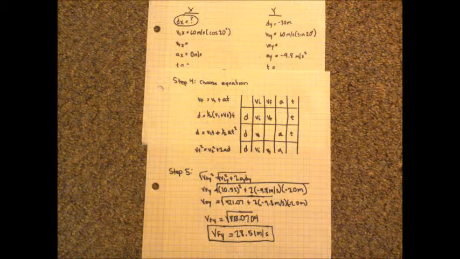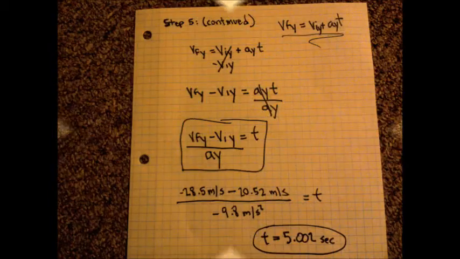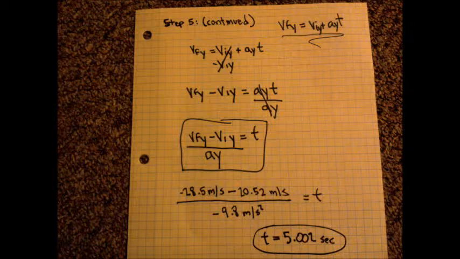And now that I have negative 28.51 meters per second, I can use the first equation, as you can see at the top right corner, to solve for t.